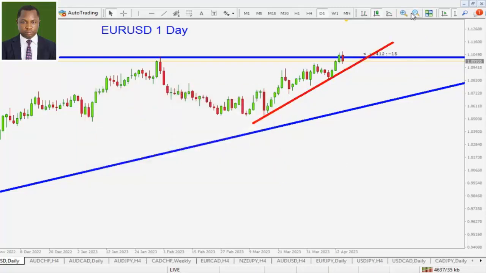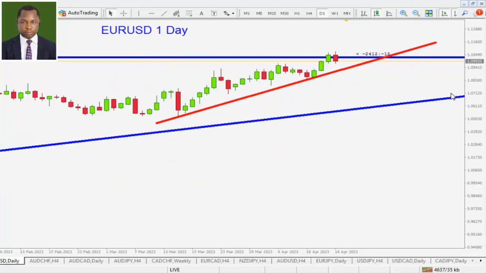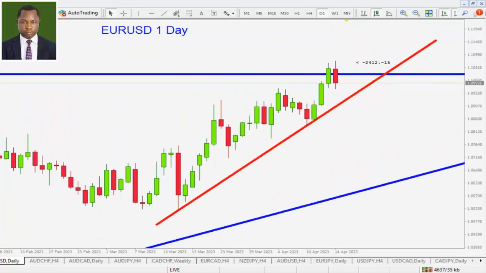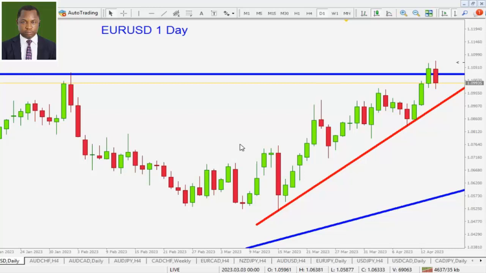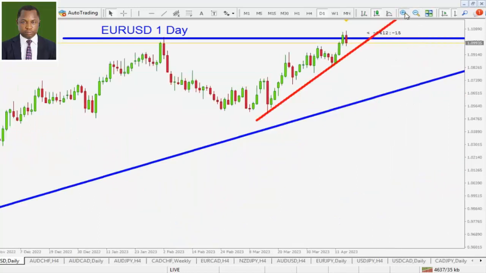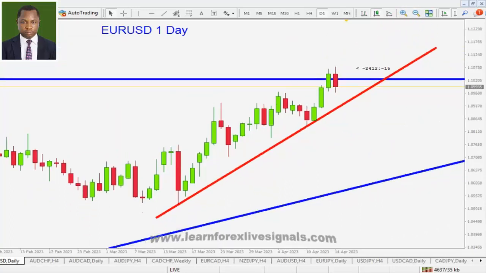Now if you zoom in again, you will see last week's candle closed just around the weekly level of resistance. That's an outside bar. This is a valid outside bar for the daily time frame, but it is happening around the weekly level of resistance. That is where I am not really liking it.